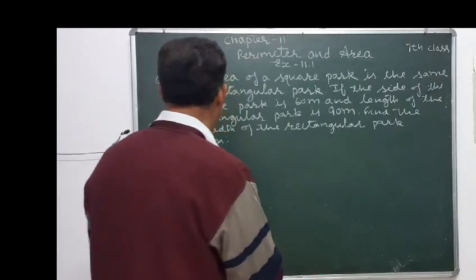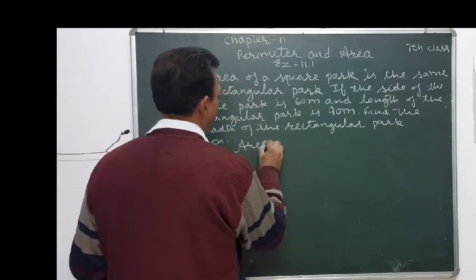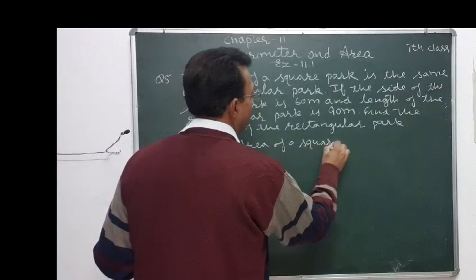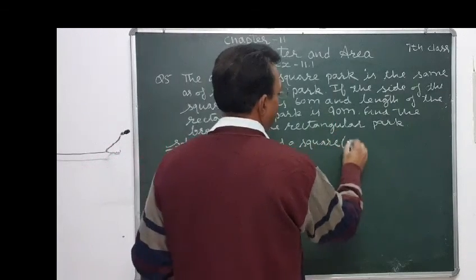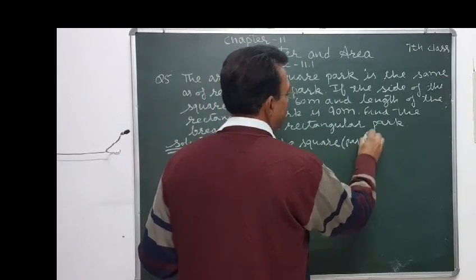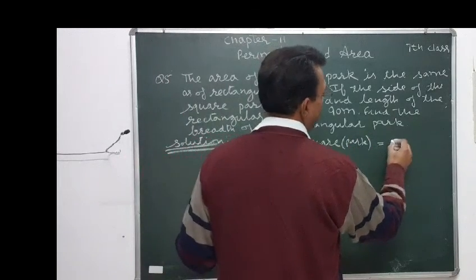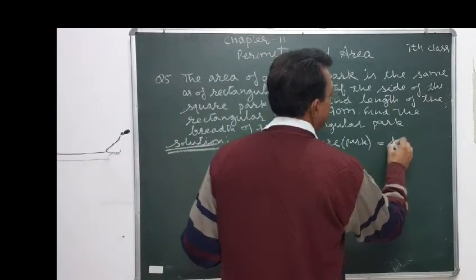So we can find out the area of a square as the side is given to us. So area of a square, that is the park is of square shape, is equal to side square.